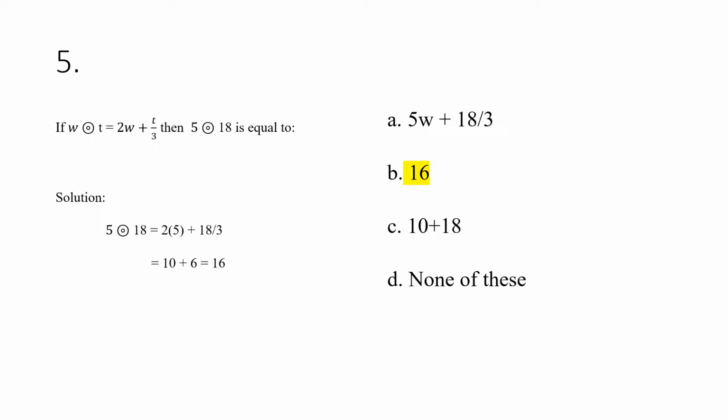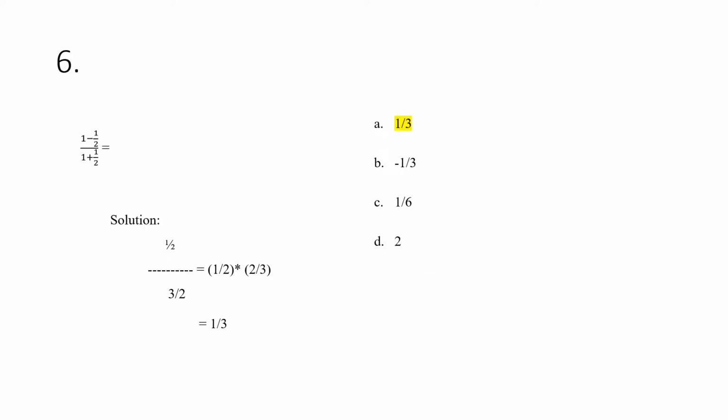So our W for this case is 5 and our T is 18, and when we substitute these values, then we have 5 operation 18 will give us 2 times 5 plus 18 divided by 3, giving us the value 16.